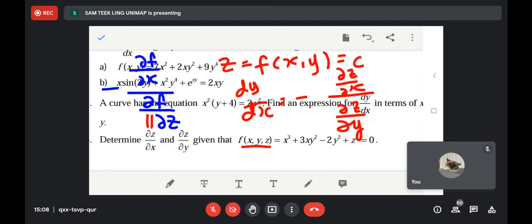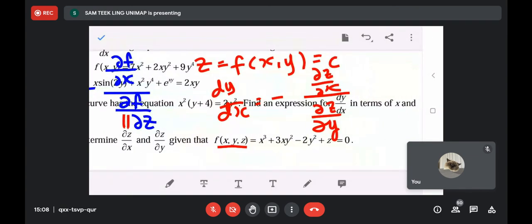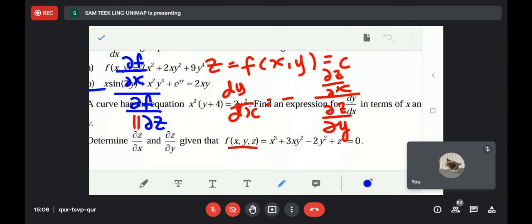For del z del y, it is negative del f per del y divided by del f per del z.